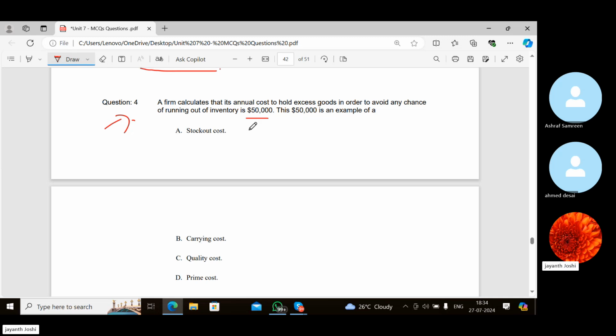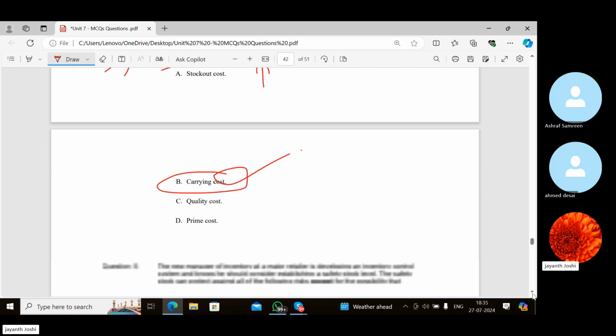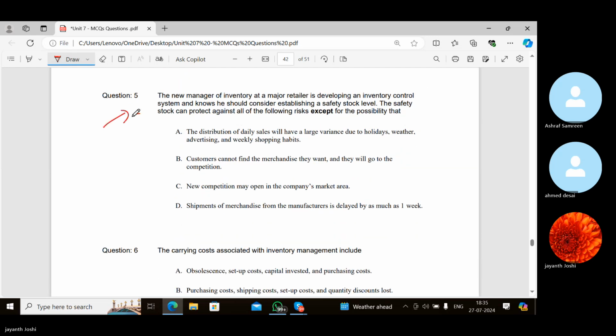The 50,000 is an example of what? I will say carrying cost. Okay, they are putting 50,000 into carrying cost, holding cost. Next question. Can you give the answer?